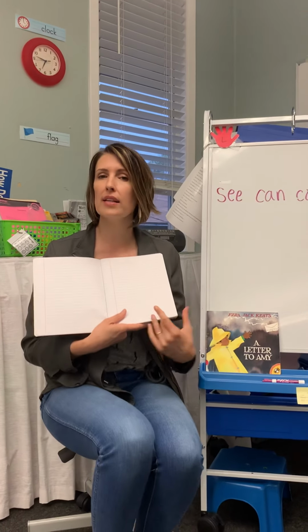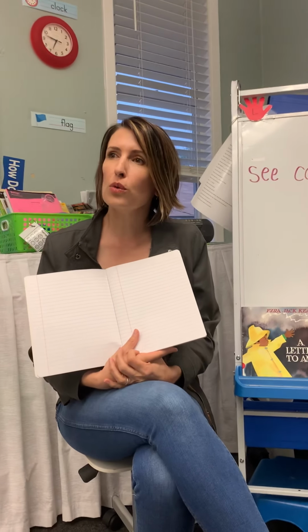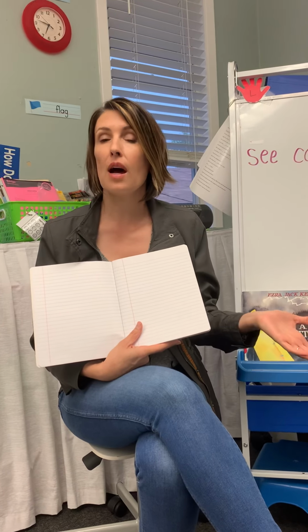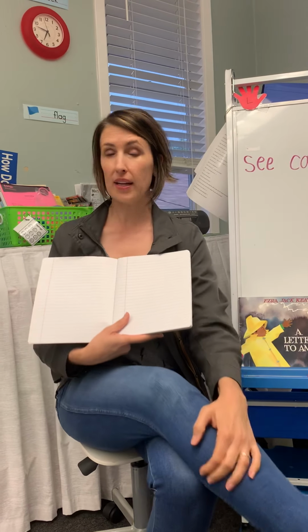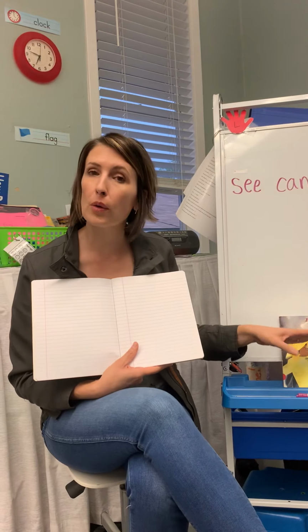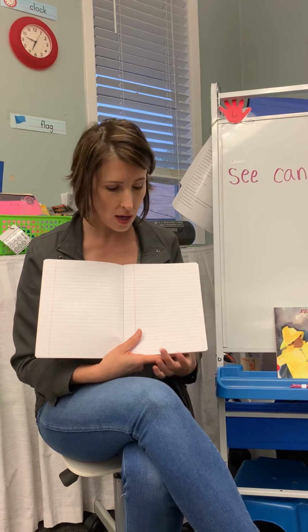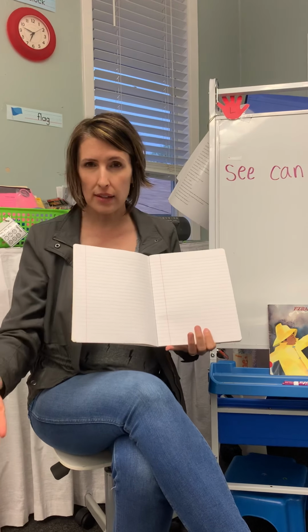I would like for you to write on that page some topics, some ideas that you could write about in a letter to Miss Willette. In this story, Peter wrote a letter to Amy to invite her to a birthday party. Next week you're going to be writing a letter to Miss Willette.